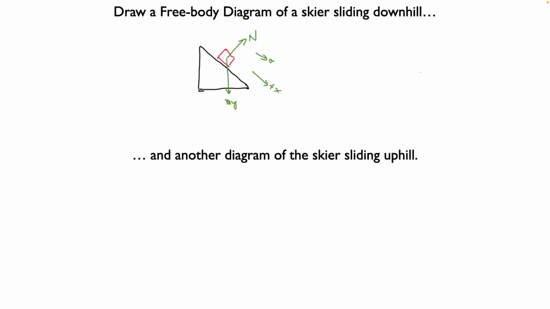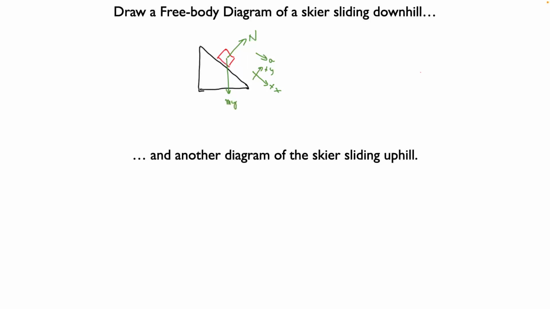X and y have to be perpendicular to each other. So, my two choices now remain as, do I make positive y sort of away from the slope, or do I do positive y into the slope? And the answer is it really doesn't matter. So I'm going to go ahead and put positive y pointing perpendicular to the surface, away from the slope.